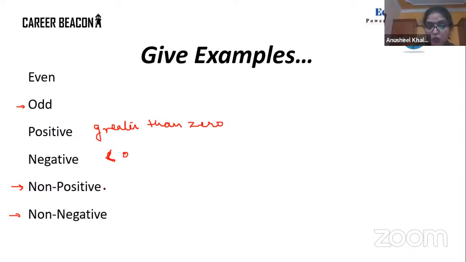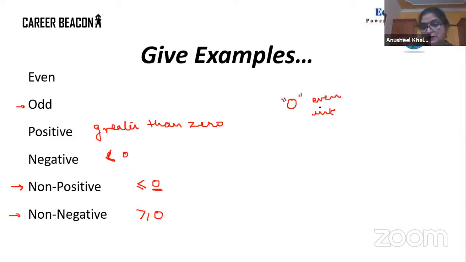So just remember, non-positive means less than or equal to 0, so you have to consider 0 as well. And non-negative means it is greater than or equal to 0. Clear? Any doubts? Any questions? Now, one more thing I would like to add here is that 0 is an even integer.